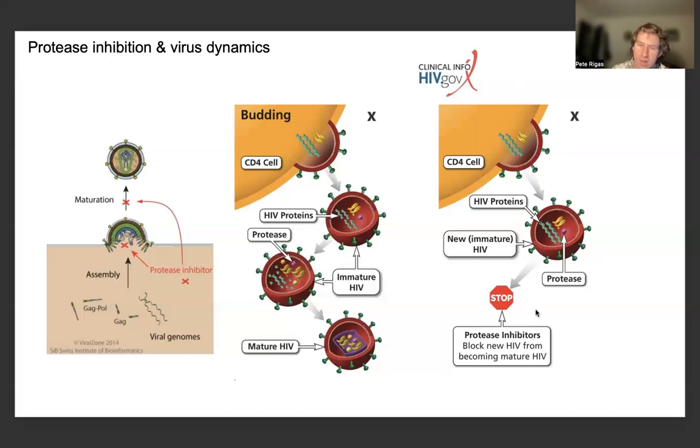And in the final image of this slide, it's demonstrating that the protease, which is neighboring the HIV proteins within the CD4 cells, can be stopped by protease inhibitors, which do not allow the new HIV to become mature HIV.